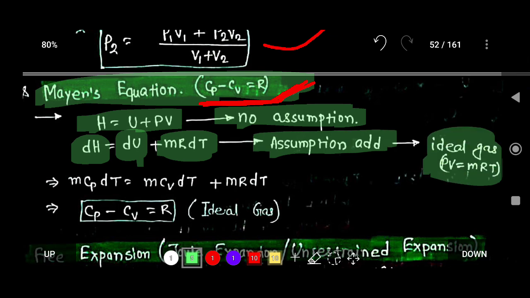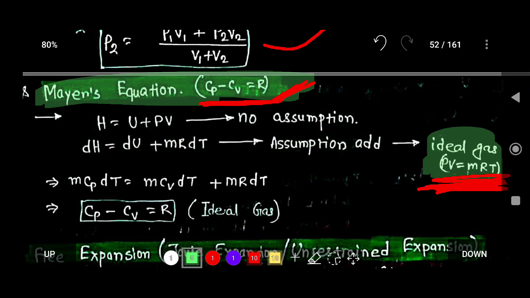You know the ideal gas formula, PV equals mRT. So from here dH equals dU plus mR dT, since PV equals mRT. So this is small dH, dU, and mR dT, small elements.